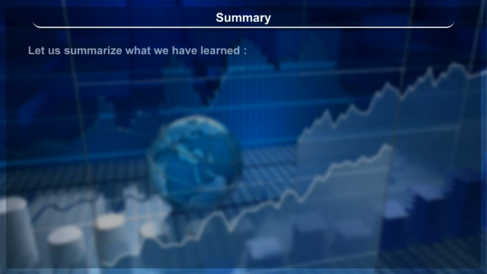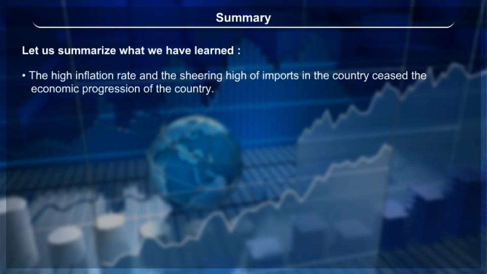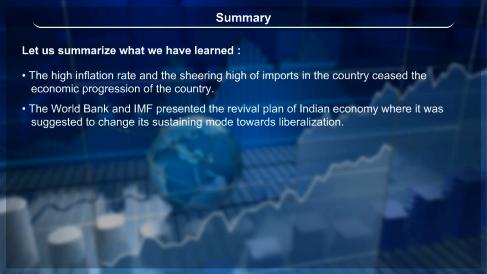Summary. Let us summarize what we have learned. The high inflation rate and the soaring high of imports in the country seized the economic progression of the country. The World Bank and IMF presented the revival plan of the Indian economy, where it was suggested to change its sustaining mode towards liberalization.